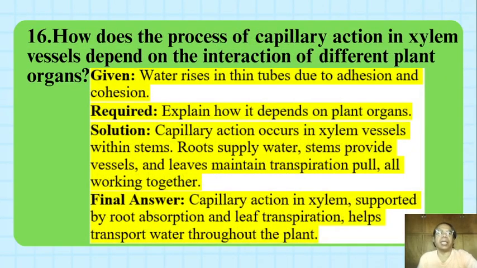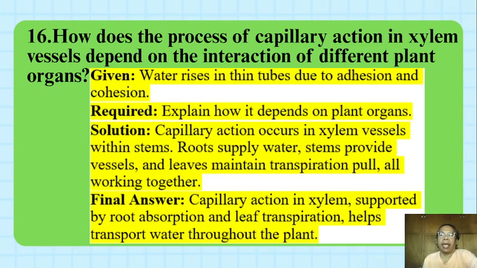Number 16. How does the process of capillary action in xylem vessels depend on the interaction of different plant organs? So we're given water rises in thin tubes due to adhesion and cohesion.